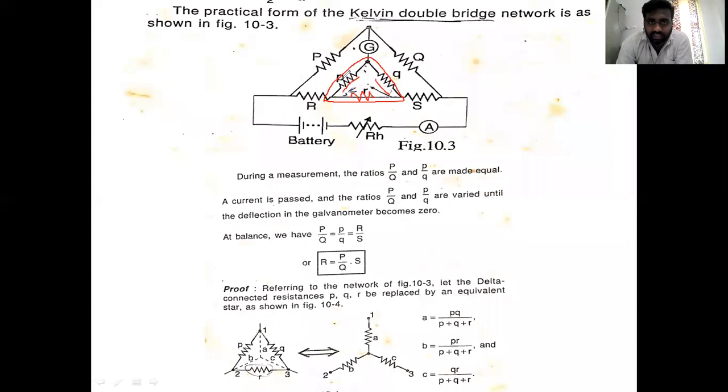So if we convert this delta into star, what will happen? See, I have converted this delta into star, with our knowledge of electrical circuit analysis. The value of resistance capital A is equal to P into Q divided by P plus Q plus R, total resistance.